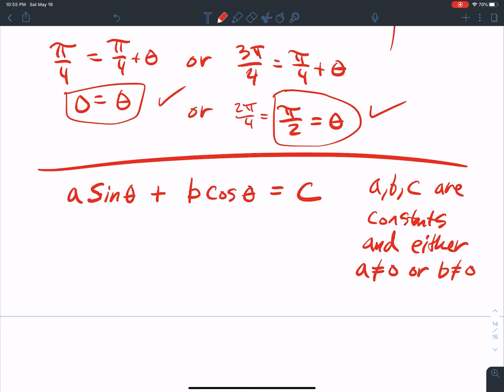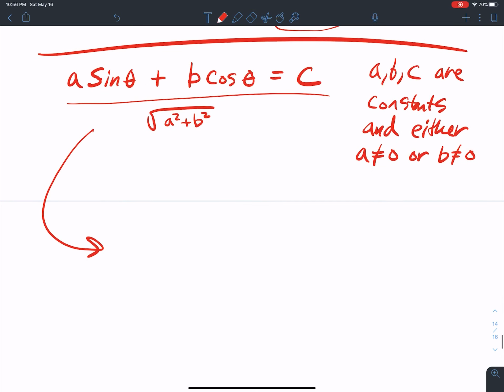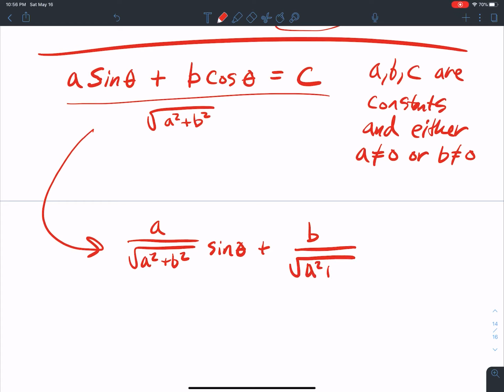Dividing everything through by square root a squared plus b squared tells me that I have a over square root a squared plus b squared sine theta plus b over square root a squared plus b squared cosine theta equals c over square root a squared plus b squared.